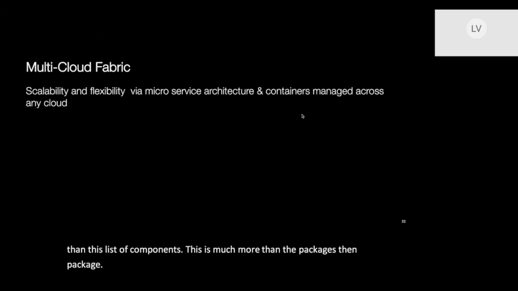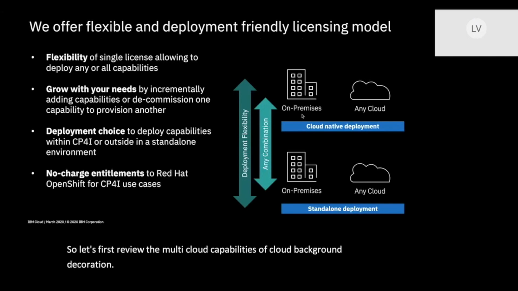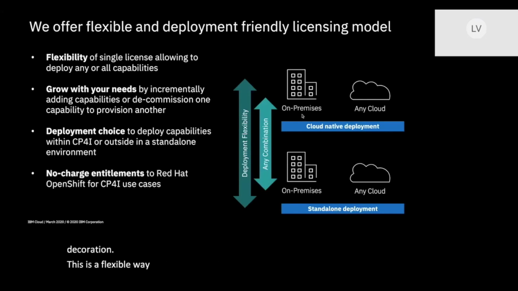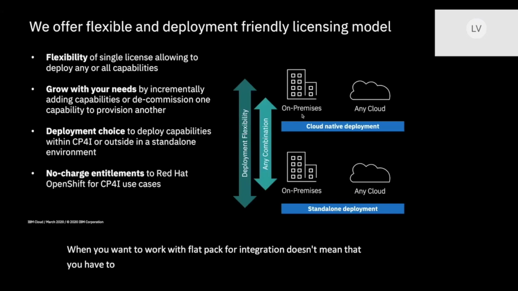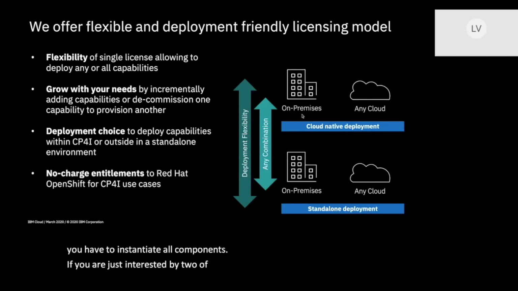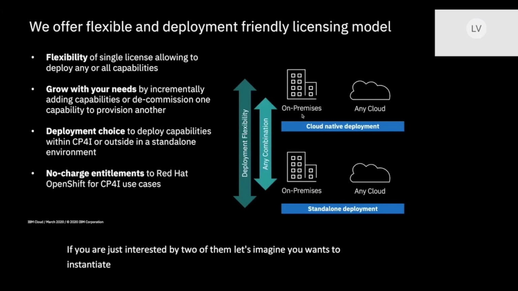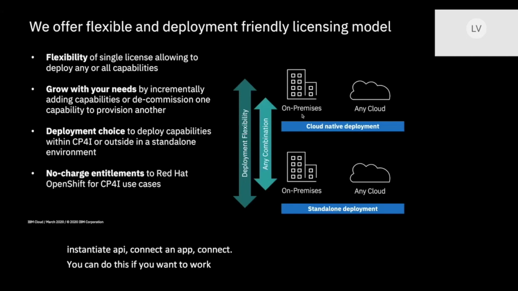So let's first review the multi-cloud capabilities of Cloud Pak for Integration. This is a flexible way to do the instantiation; it can be instantiated almost anywhere. When you want to work with Cloud Pak for Integration, it doesn't mean that you have to instantiate all components. If you are just interested in two of them, let's imagine you want to instantiate API Connect and App Connect, you can do this. If you want to work with MQ and Event Streams, you can do this as well. That's up to you.